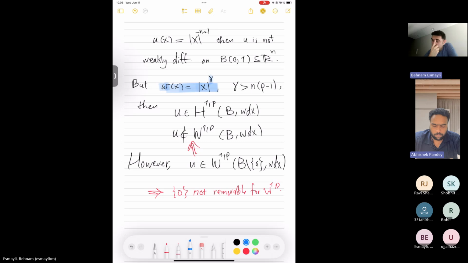The thing with the W1P is it's a fake kind of use of the measure. The measure is never there except for integrability. Your definition doesn't use the weight. You use Lebesgue measure to talk about differentiability, and then you use the weighted measure to talk about integrability.